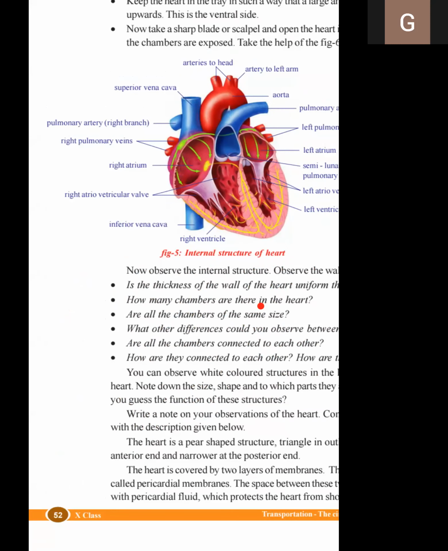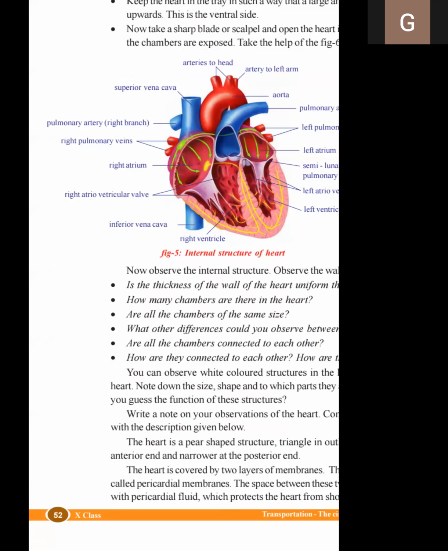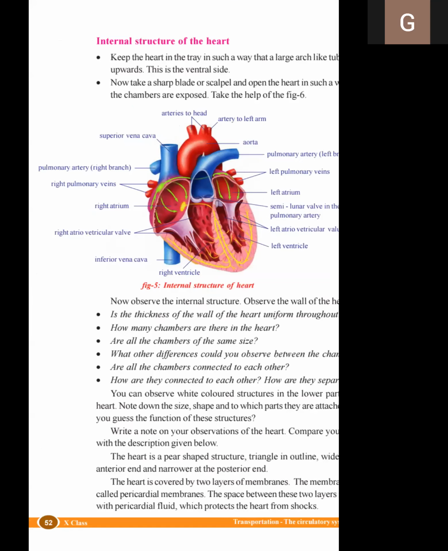The heart is covered by two layers of membrane.